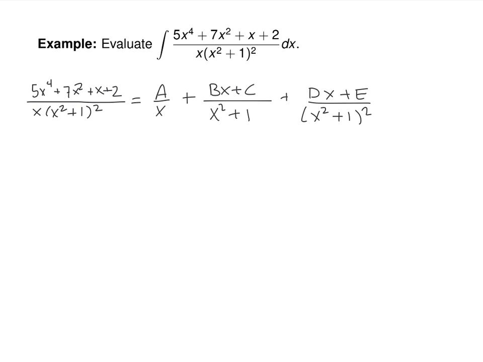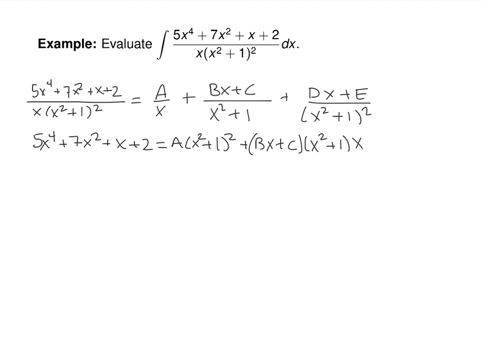So multiply by that denominator on the left. Now with the A, all that's left is the x squared plus 1 squared. With the Bx plus C, we're left with a single x squared plus 1 and also an x.